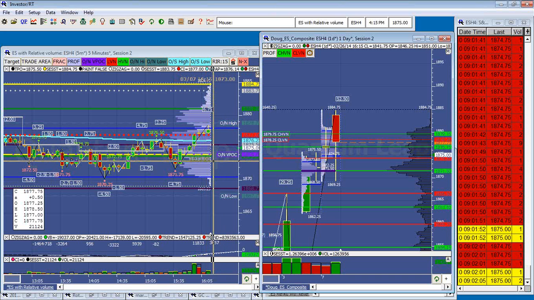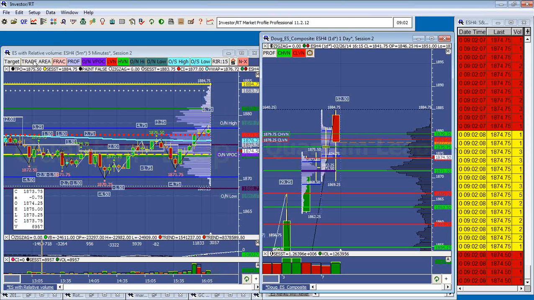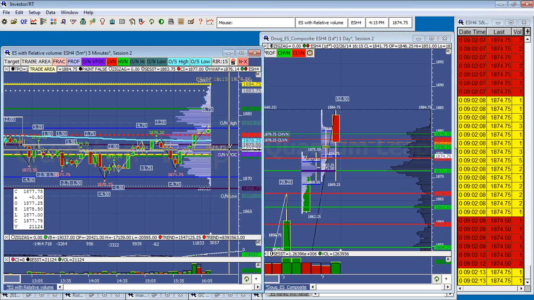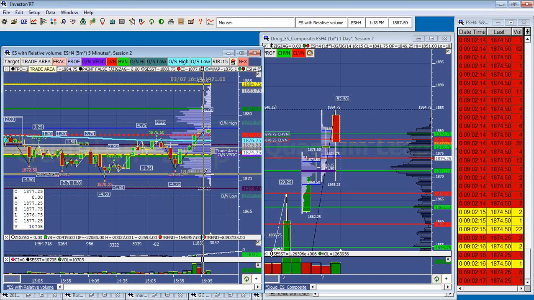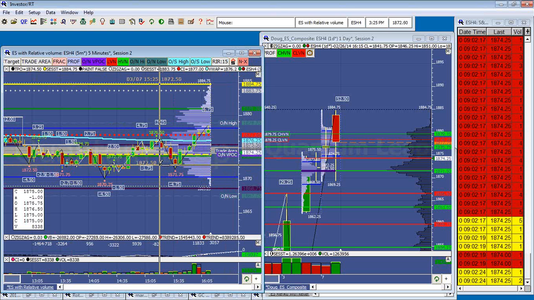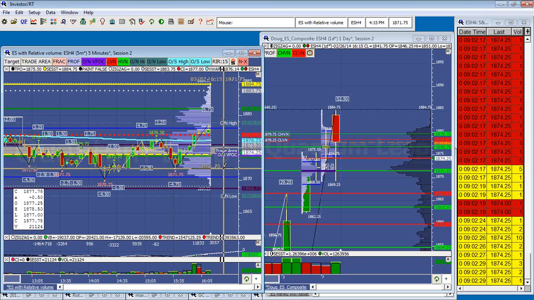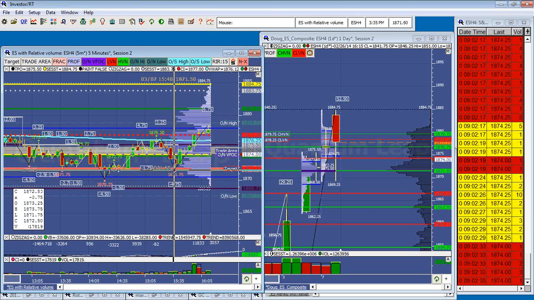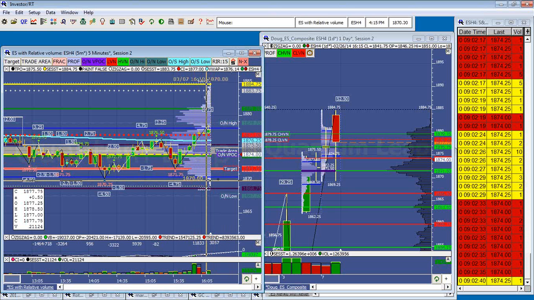If you're going to use a level, I would use the 74.50 area. So I'm going to make 74.50 a trade area, and below that I'd be looking for the first target below at 71.75, 72 area. You can see this little distribution here, and the closing swing low is at that 71.75. So they went down there on the close to find buyers, found them, and then rotated back up towards the value area high.